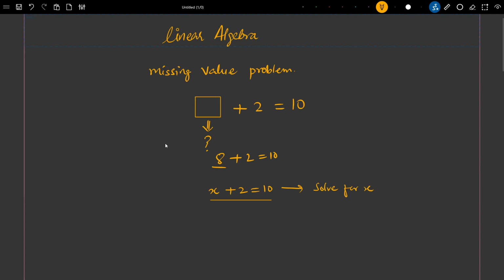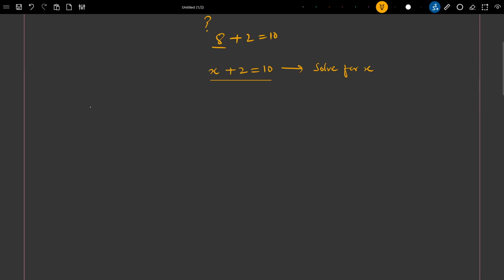So with this, we can say algebra is basically arithmetic that includes non-numerical entities.